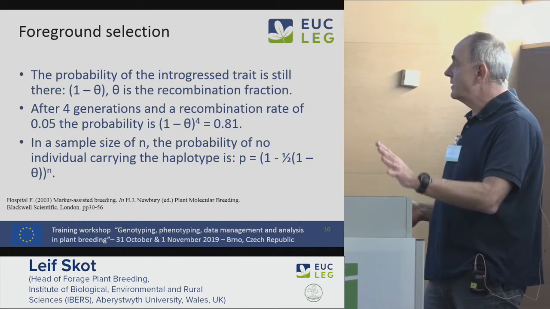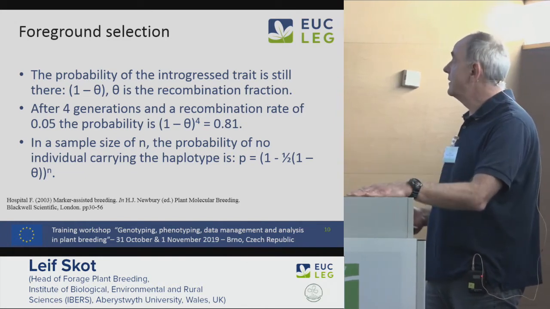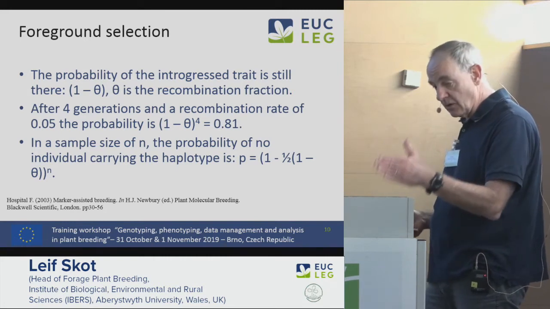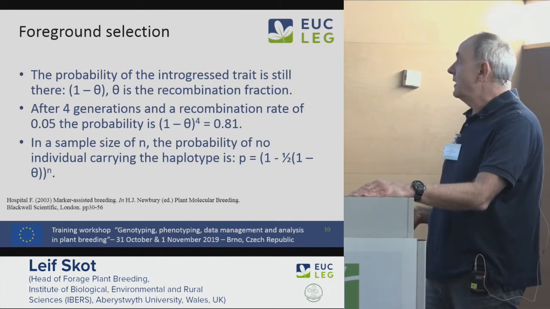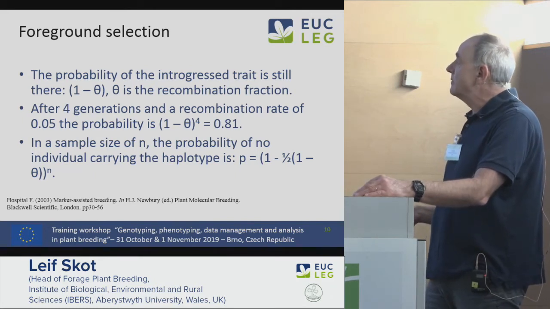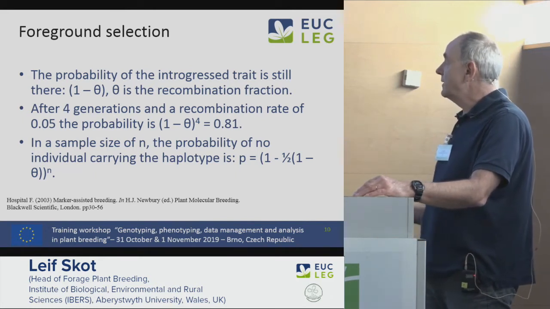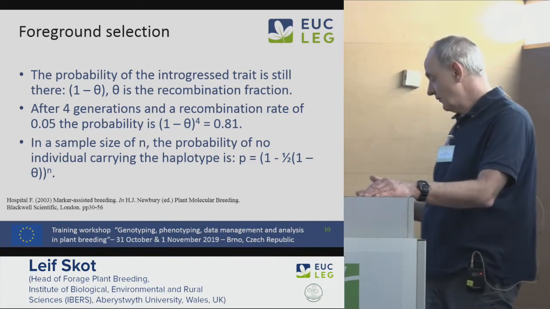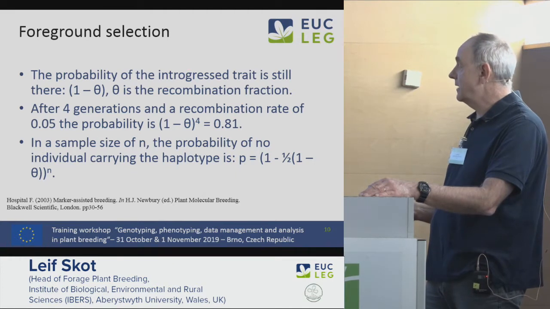So it has dropped somewhat. If the marker is not right on top of your trait, is not actually the causative polymorphism, then there is a slight risk that you're going to lose it if you just go by marker-assisted selection.